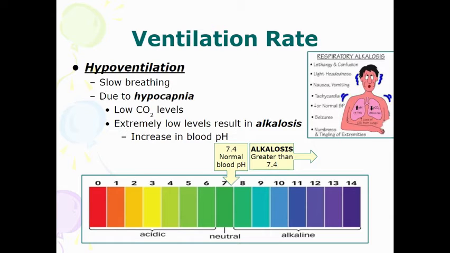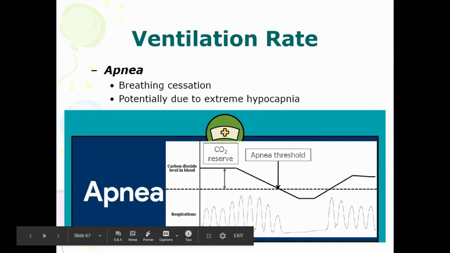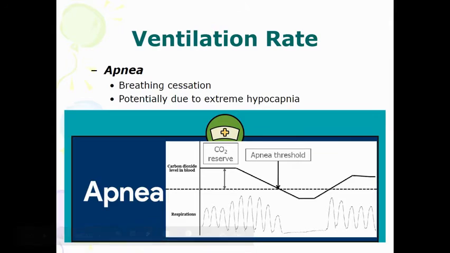Alkalosis means that the blood is becoming more alkaline or more basic, meaning it's going to have a pH greater than 7.4. Apnea is breathing cessation. This is potentially due to extreme hypocapnia, where the carbon dioxide level becomes so low that breathing stops.